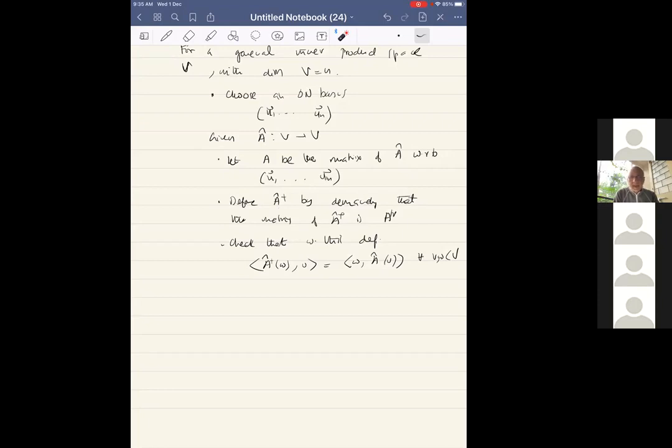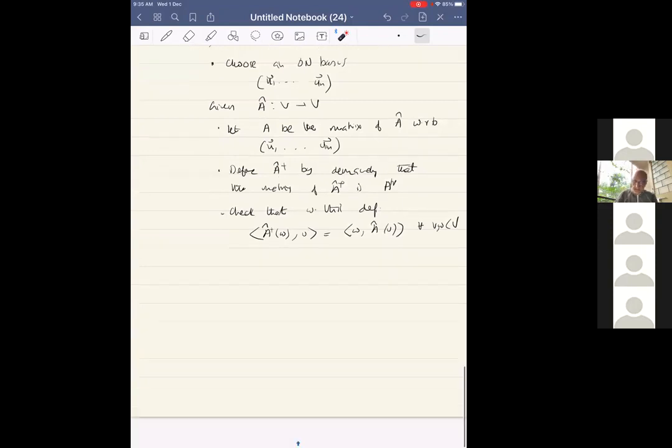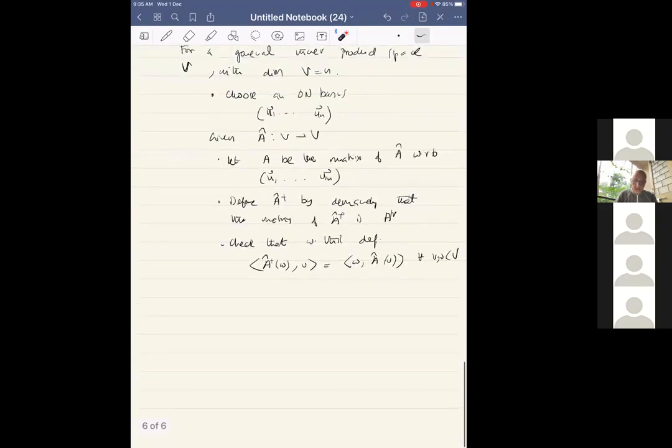Okay, so now comes a very important definition, the notion of a self-adjoint linear map. Definition: let V be an inner product space.